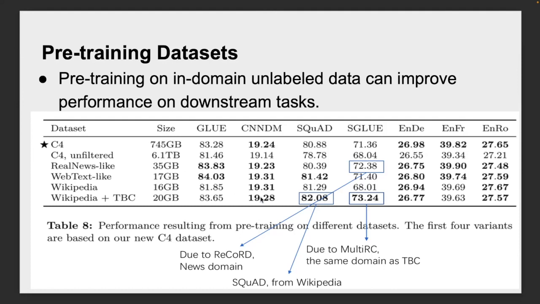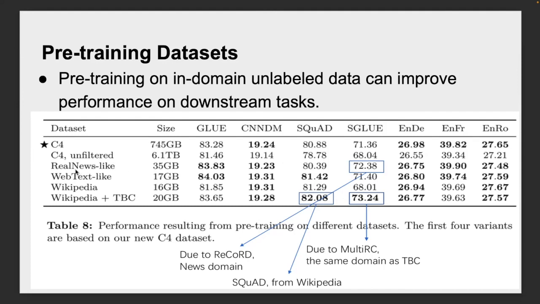As you can see over here, although the original unfiltered C4 is a lot bigger than the C4, the performance does not improve with the larger data set. So it actually means that cleaning the pre-training data set, and making it more relevant for the task at hand, matters a lot.